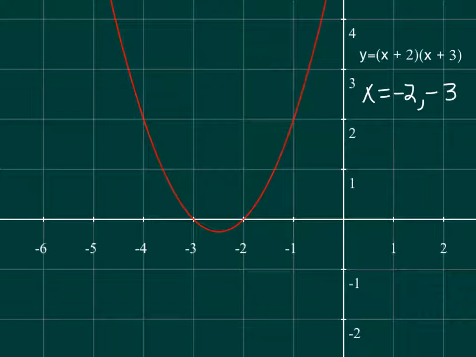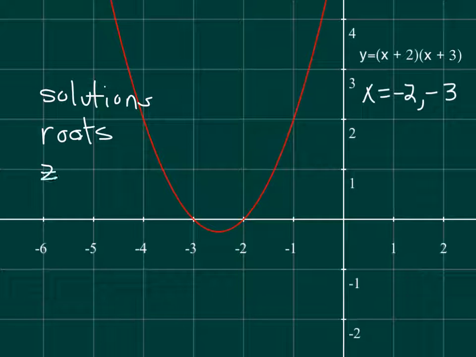Well, because often in math, we're looking for the solutions to a graph. The solutions are the same thing as the roots, which are the same thing as the zeros, which are the same thing as the x-intercepts. All of these words mean the exact same thing.